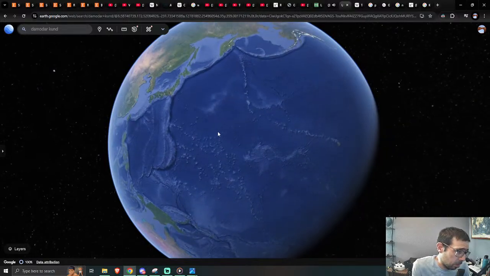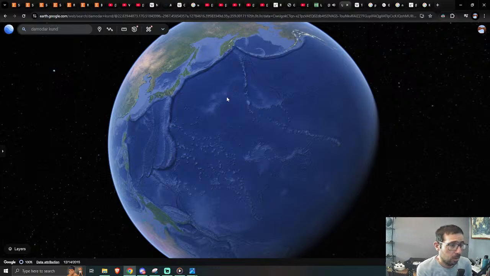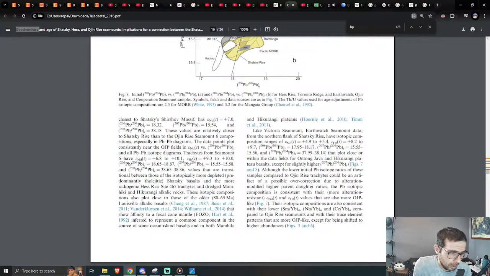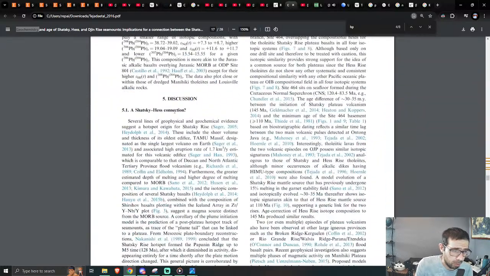But then over here, we're finding also Ontong Java-like features in terms of the geochemistry, I believe. So there's some associations.